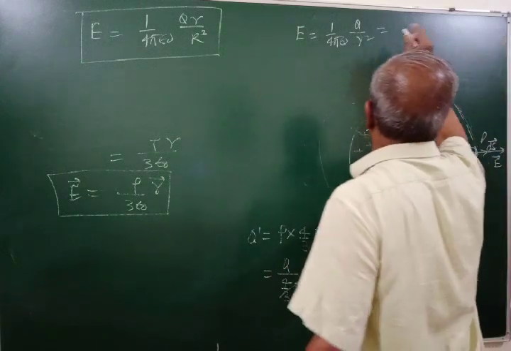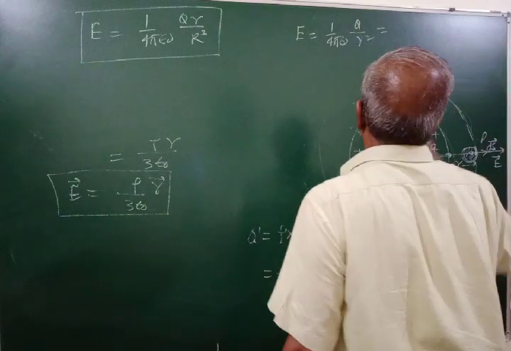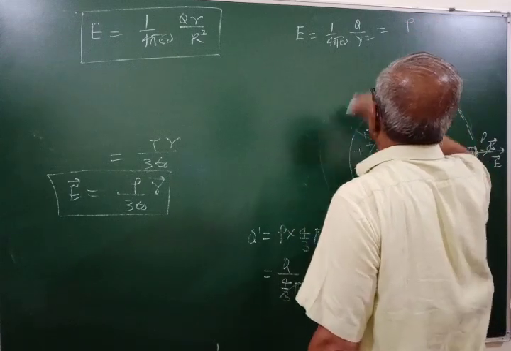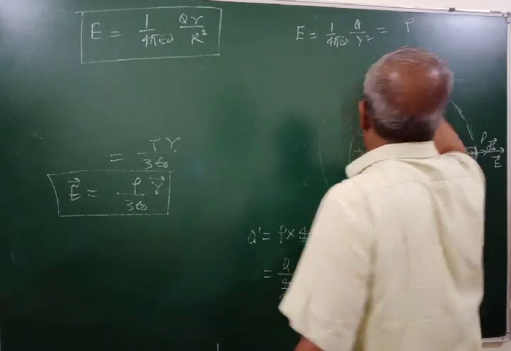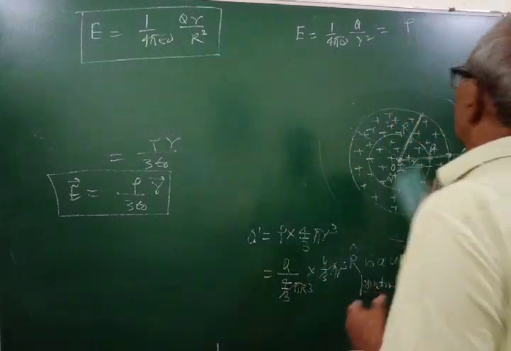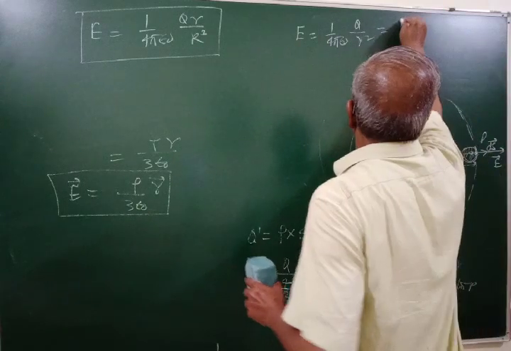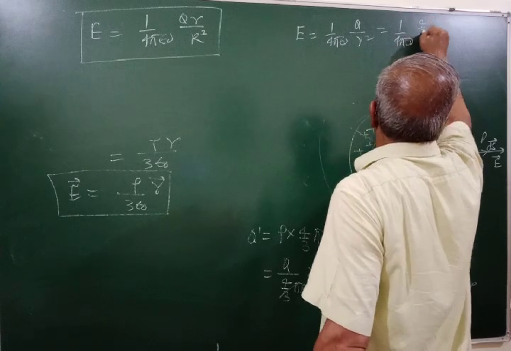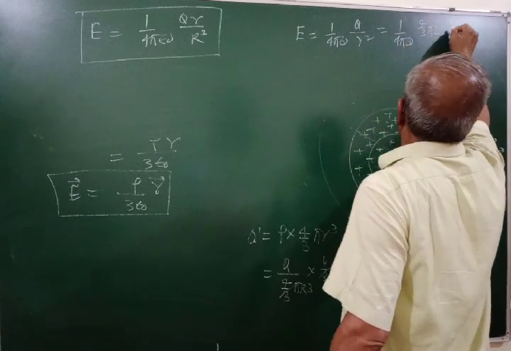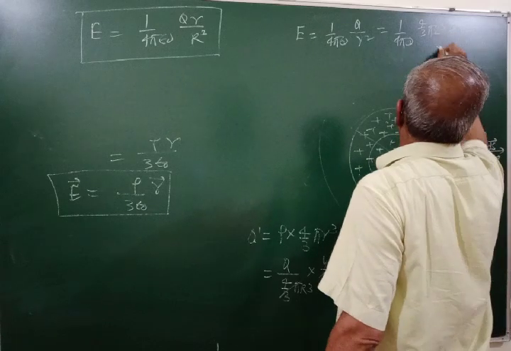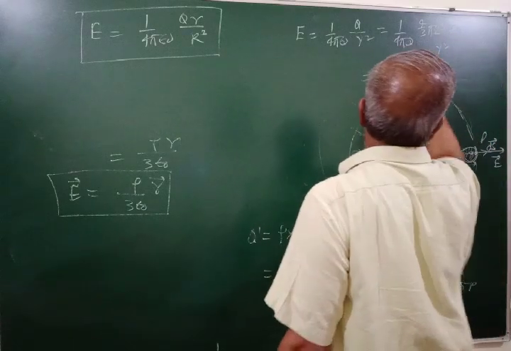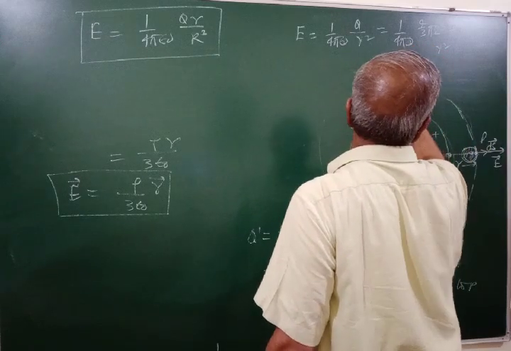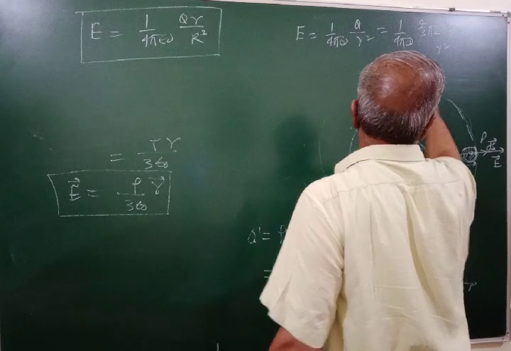It is also equal to, if I write Q as 4 upon 3 pi R cube into rho, upon R square, so it will be rho R upon 3 epsilon 0.